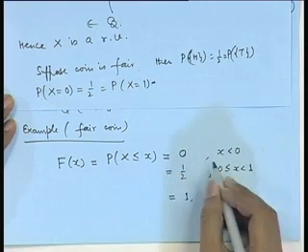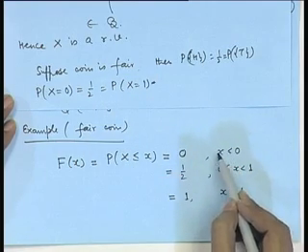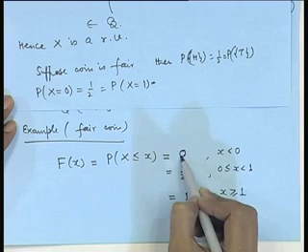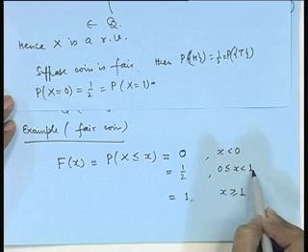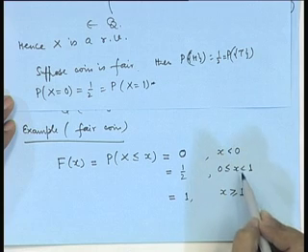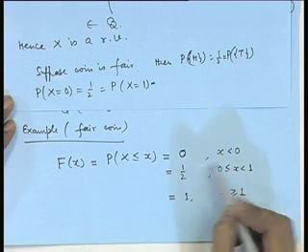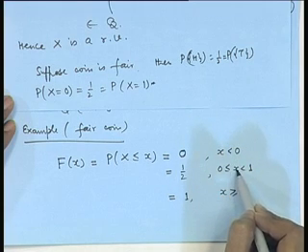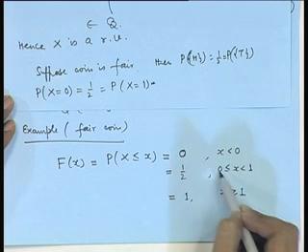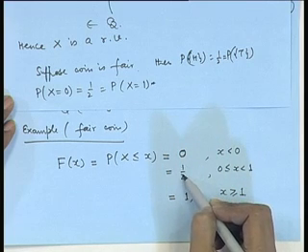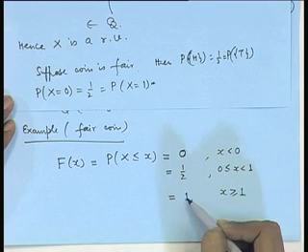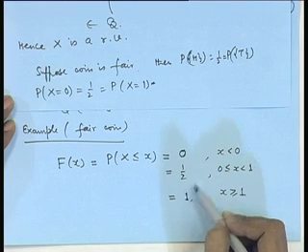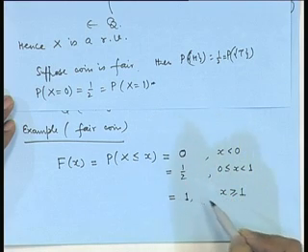So, you can see here this function is continuous on the interval minus infinity to 0, open interval 0 to 1, and open interval 1 to infinity. If we look at the change points, that is at x equal to 0, the right hand limit at x equal to 0 is half, the value at x equal to 0 is half. So, it is continuous from right at 0. If we look at the right hand limit at 1, it is 1, the value at x equal to 1 is 1, therefore, it is continuous from right at 1. At all other points, the function is continuous.